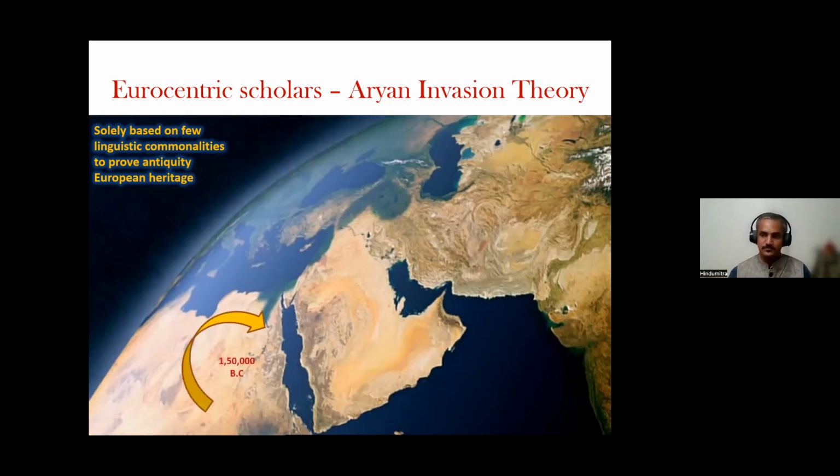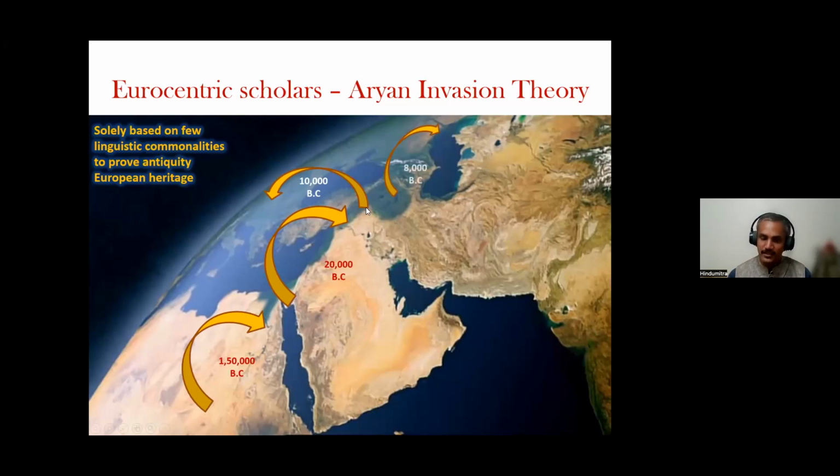they said, okay, Africa was the home of humans long back. Then they came and settled near the Middle East, which is the Israel area. From there, they went to Europe around 10,000 BC.